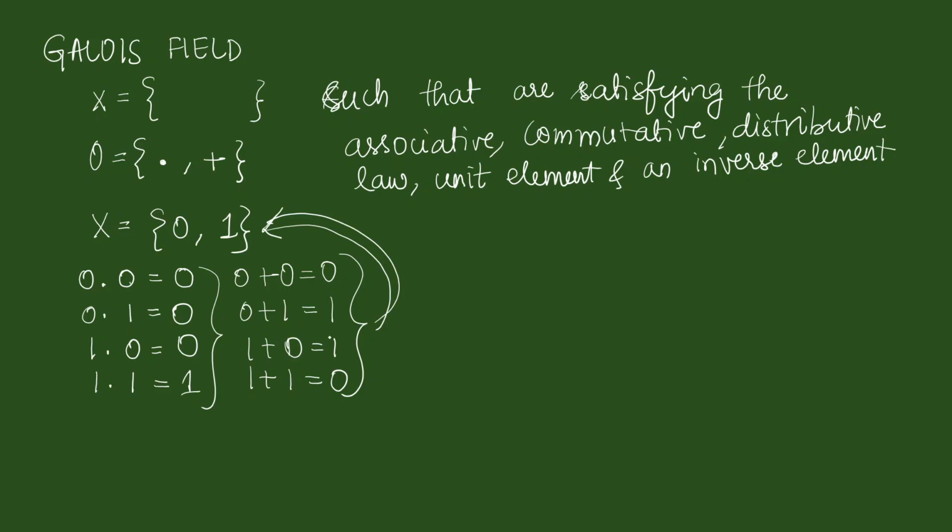Therefore such a set is called a field. We call it a Galois field because this involves only two elements, and it is also called the binary field. This was figured out by a person called Galois, and therefore in his name the binary field is named the Galois field.